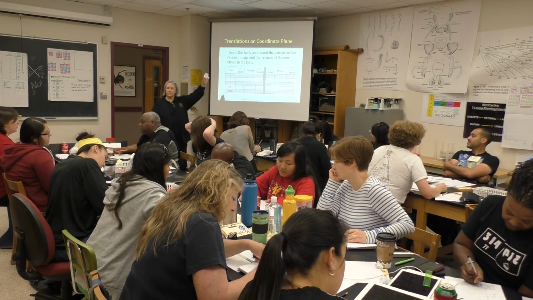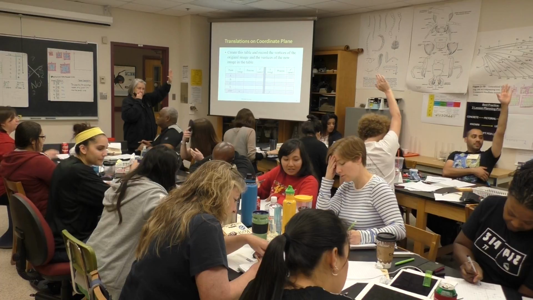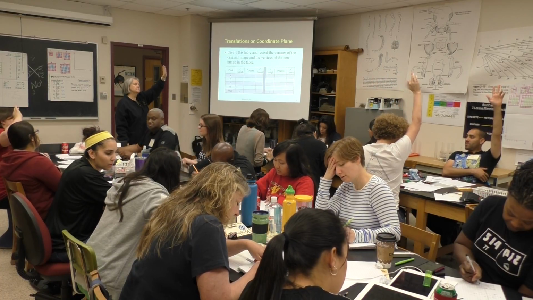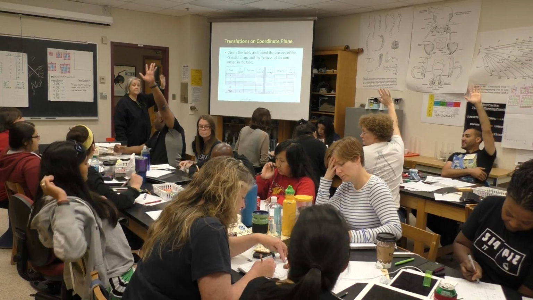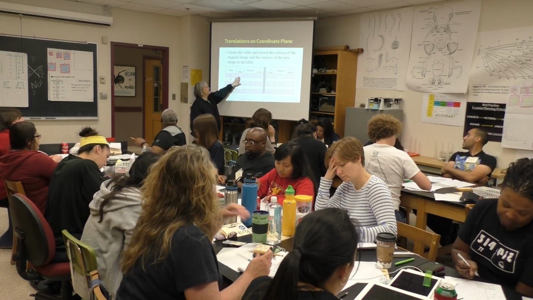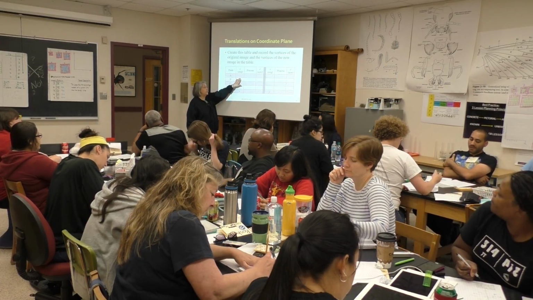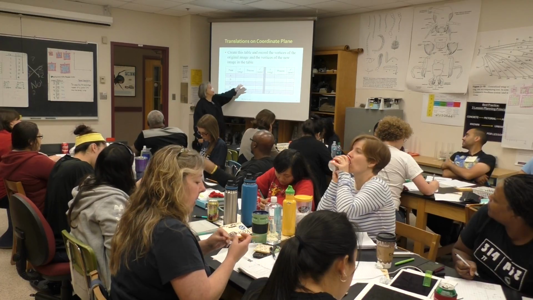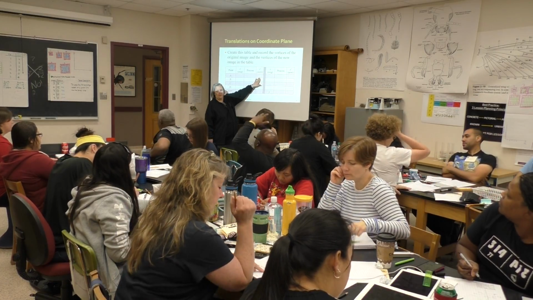So let's go over the table. Because it's an x-axis, so it's going left and right. Okay, so here, what was your process to go from negative... Alright, so what is the original x value in point A? Negative 3. So what was your new point A? 0.